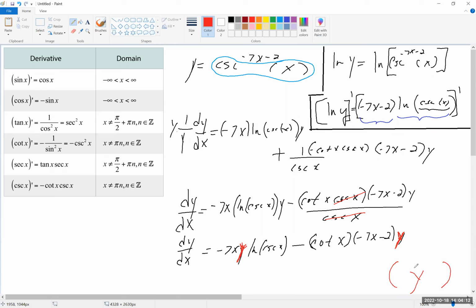Don't copy that just yet, because I'm going to come back. That's a dy/dx, and I'm going to leave this in parentheses. So it's all good.